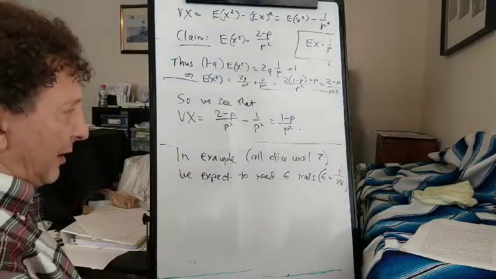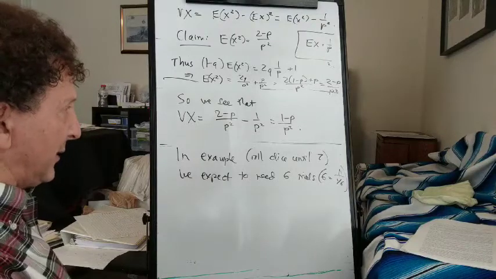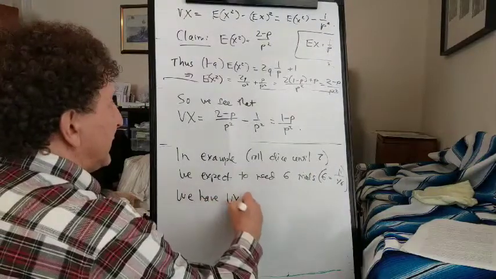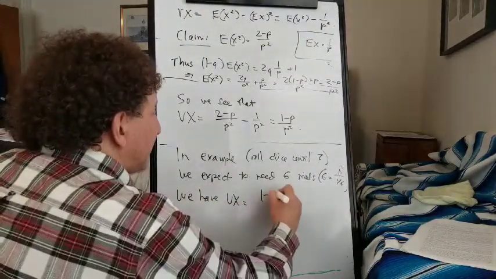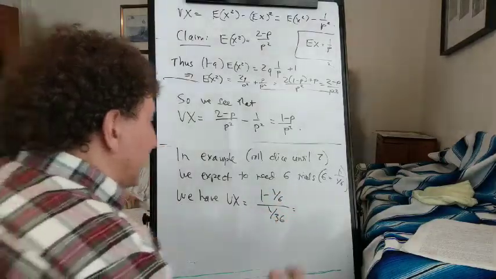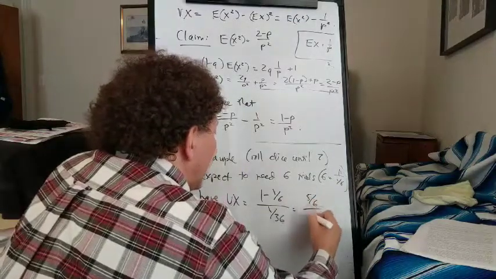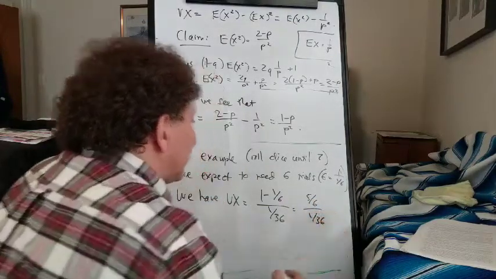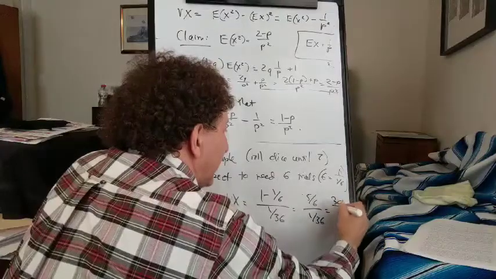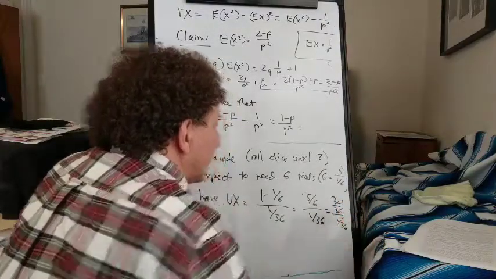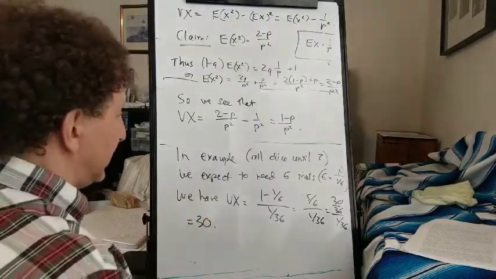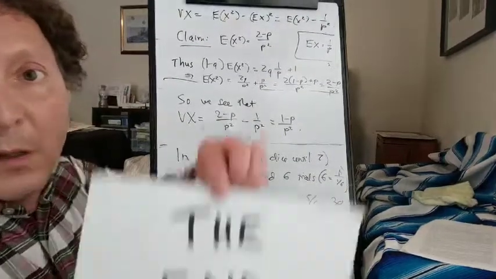And how much our experiences can actually vary from that expected value: we have the variance of x being 1 minus 1/6 over 1/36, which is 5/6 over 1/36. I guess I could write this as 5 times 6 over 36, 30/36 over 1/36. So I guess that's 30. The end.